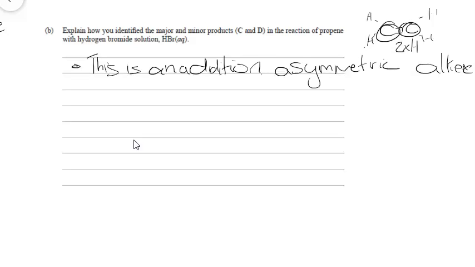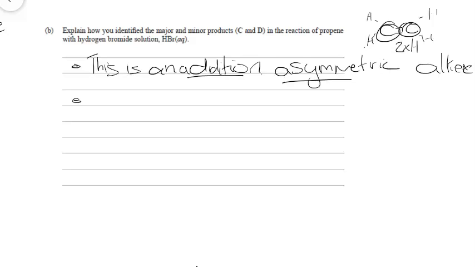So we wouldn't have a major or minor product in that case. So we need to outline that we've got an addition reaction of an asymmetric alkene to start with.